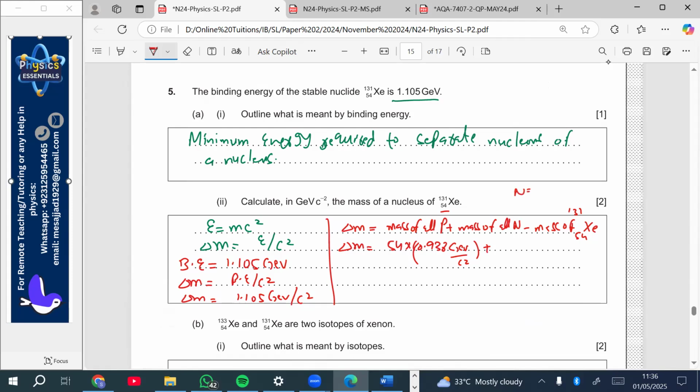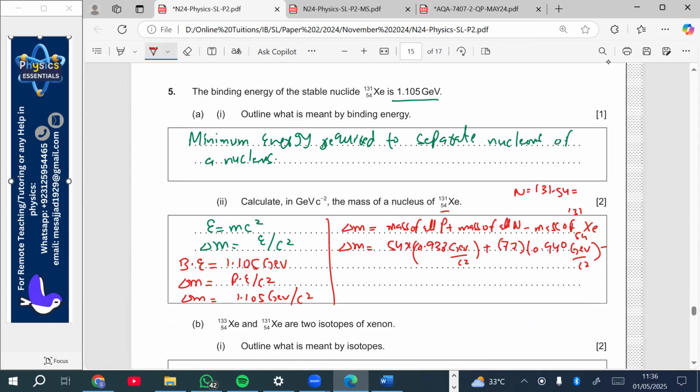Neutrons are 131 minus 54, and you will get 77. So 77 into the mass of the neutron, which is 0.940 GeV over c square.